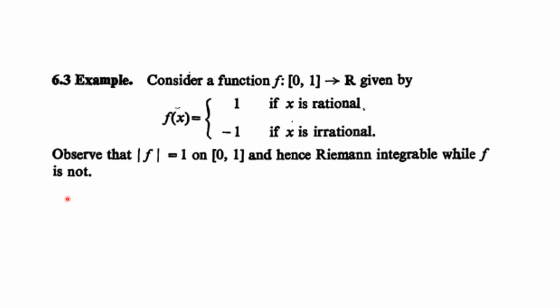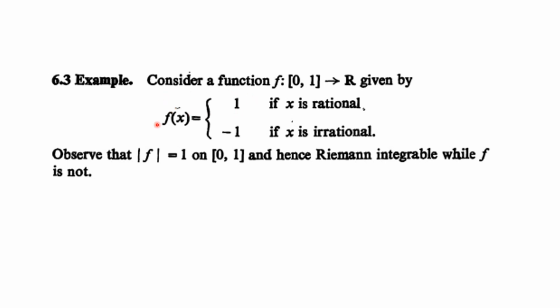However, f is not Riemann integrable because in that case the lower sum is not the same as the upper sum, right? So this function is not Riemann integrable. However, in the Lebesgue sense this function is integrable as well as mod of f is also integrable.